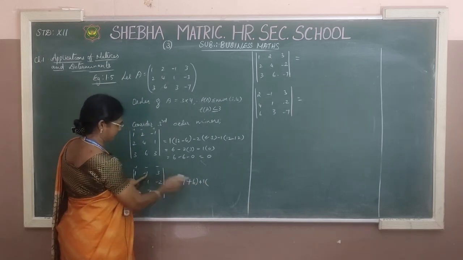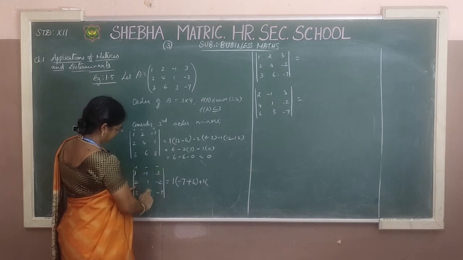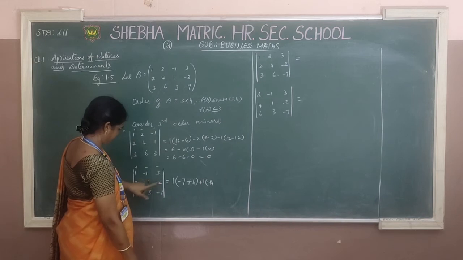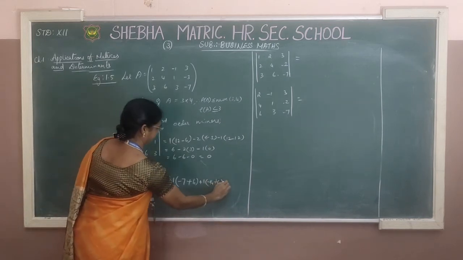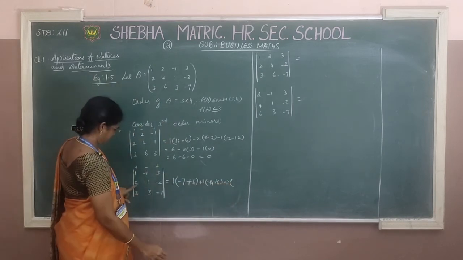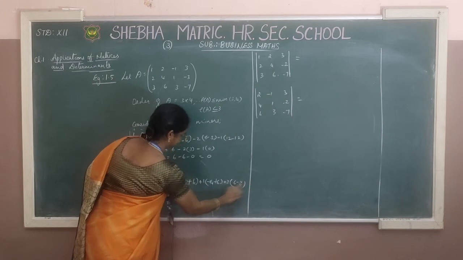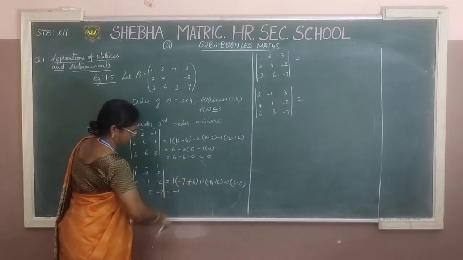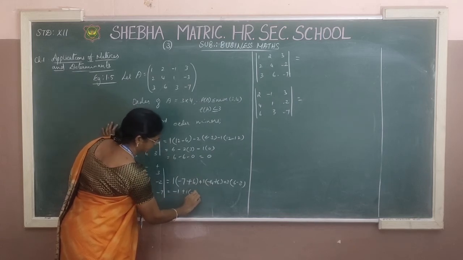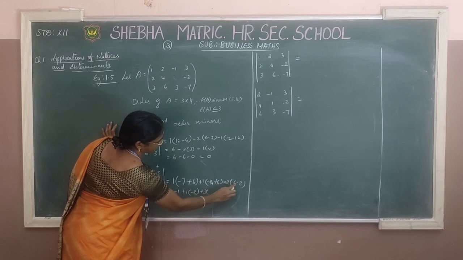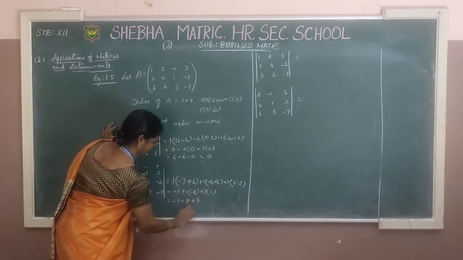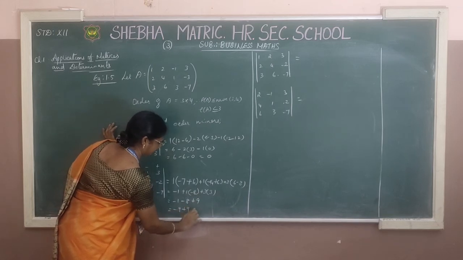So minus 1 becomes plus 1 and leaving these two rows and columns, we get minus 14 and plus 6 and plus 3 into 3 2s are 6 minus 3. So minus 1 plus 1 into minus 14 plus 6 is minus 8, plus 3 into 3. So we get minus 1 minus 8 plus 9. So minus 9 plus 9 we get 0, again we get 0.